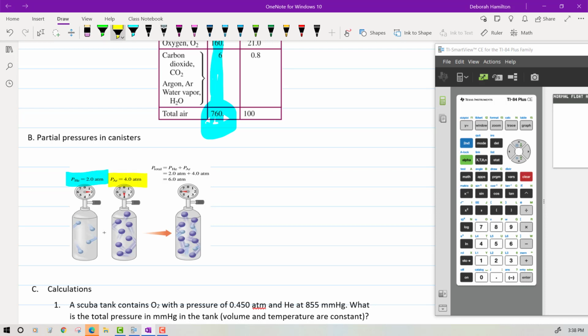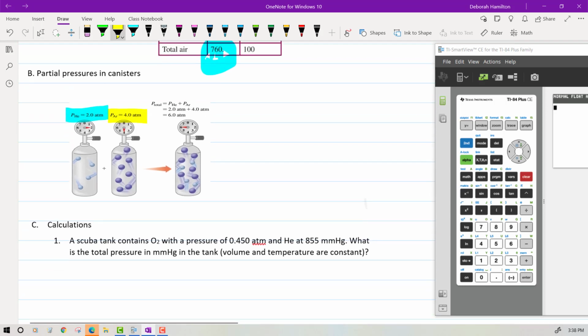They're the same size canisters, but you can see on the gauge we have 2 atmospheres for helium, 4 atmospheres for the argon. So if those 2 gases are placed together in the same canister, since the volume is the same, they will now exert 6 atmospheres of pressure.